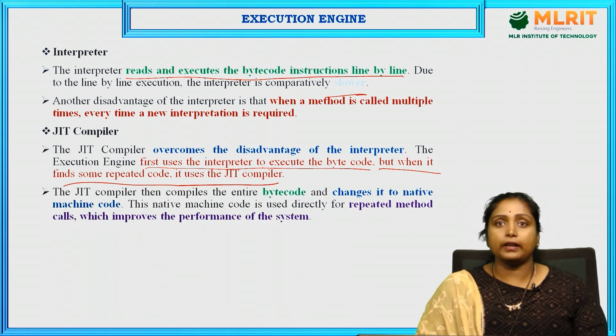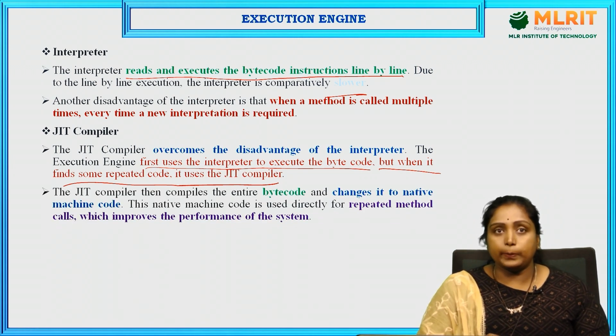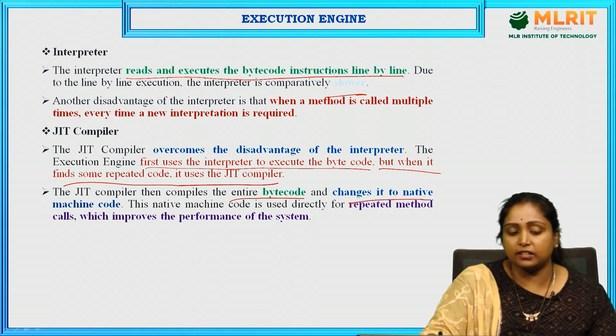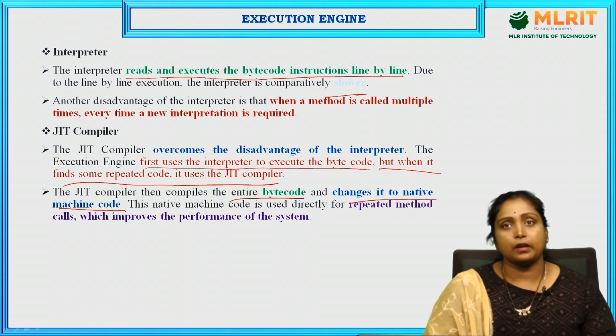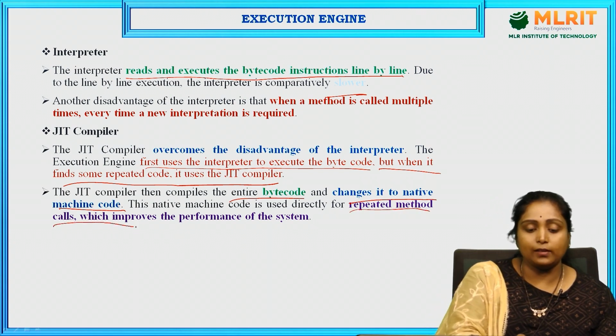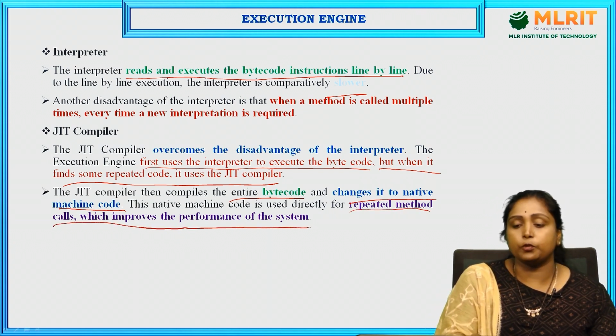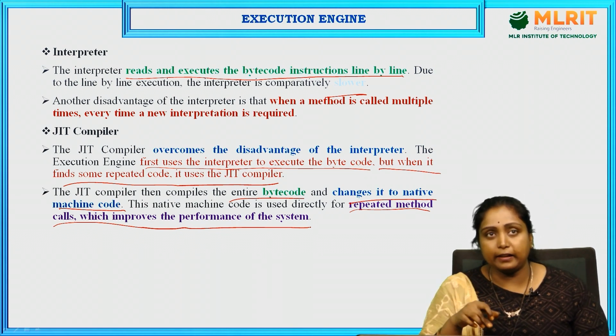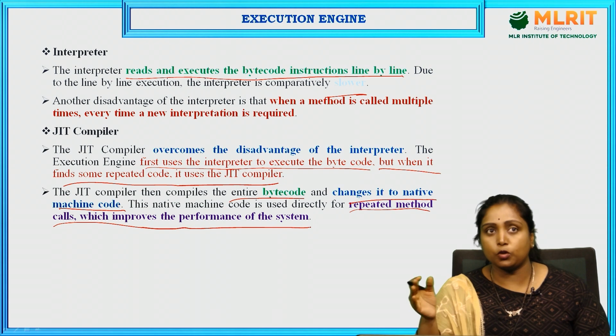The JIT compiler compiles the entire bytecode and changes it to native machine code. Whenever a repeated method is called, it improves the performance of the system. It does not check line by line again; it hands over the control to the JIT compiler.